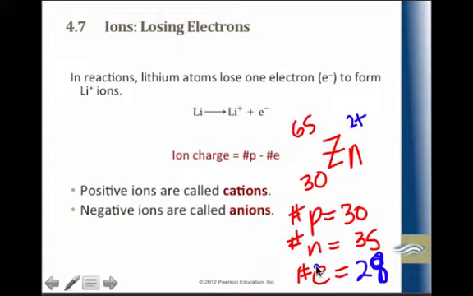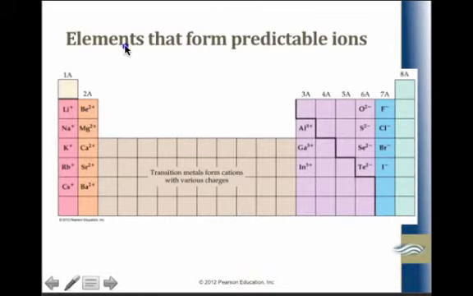But an ion is an atom that has lost an electron or gained an electron to adopt a charge. If we gain electrons, we end up with excess negatives, and we end up with a minus charge up here. We write charges in the top right corner above the symbol. Ion charges are somewhat predictable.